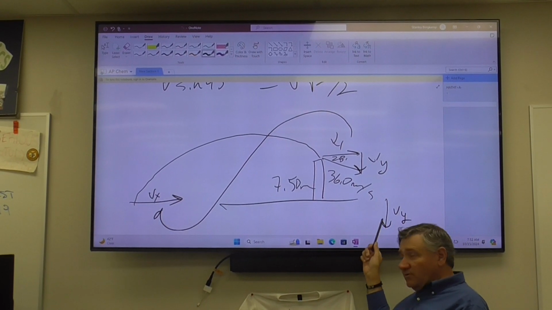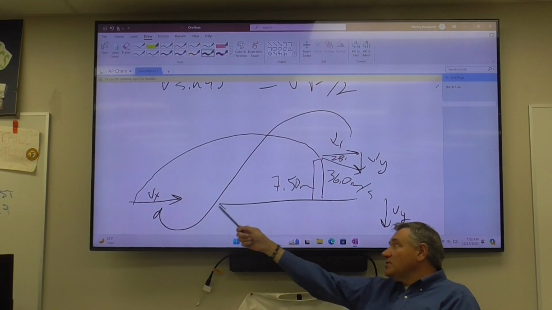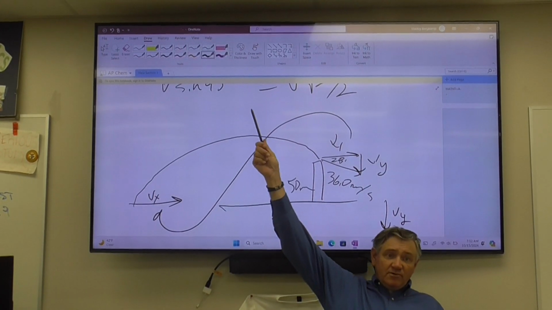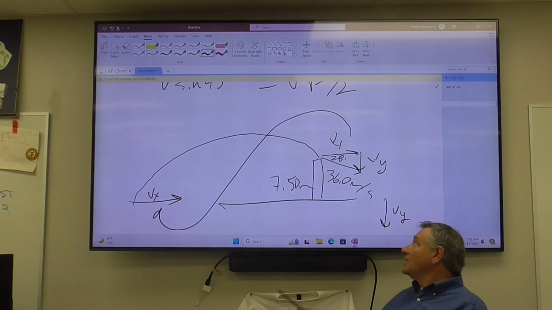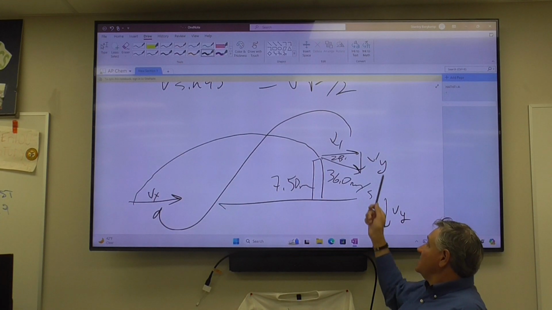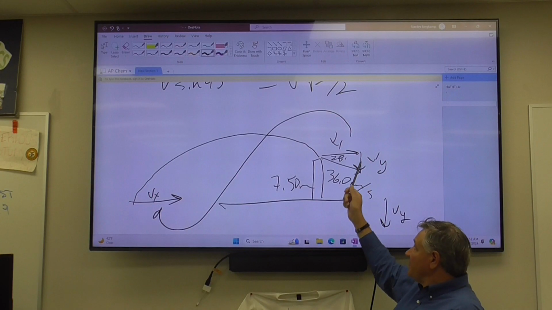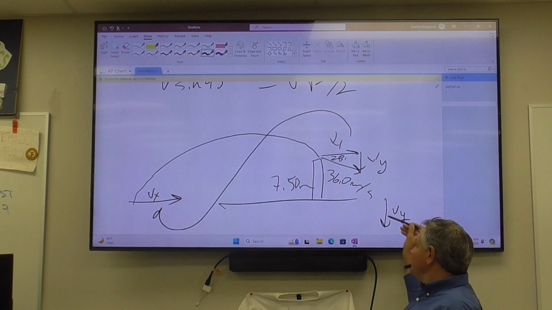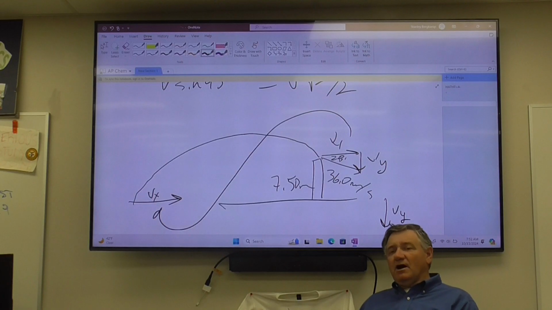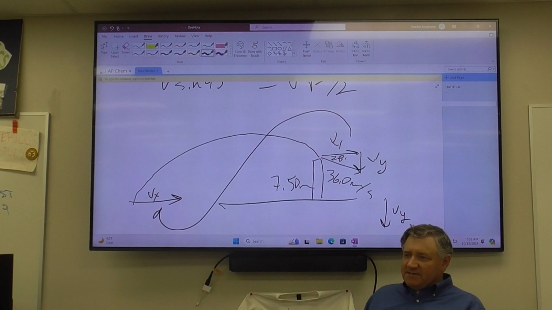If you know the vertical velocity when it lands here, that's going to match the vertical velocity that it had when it was launched. Now think this through. When this thing lands here, is it going to be bigger or smaller than the velocity that you had up there? Bigger. It's going to be a bigger value than this. If you get a smaller value, you're saying, oh, it's like the Tesla rocket.